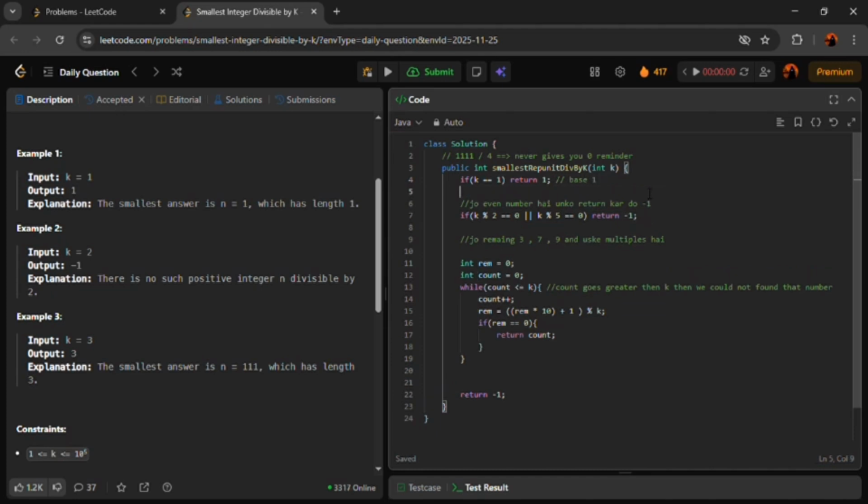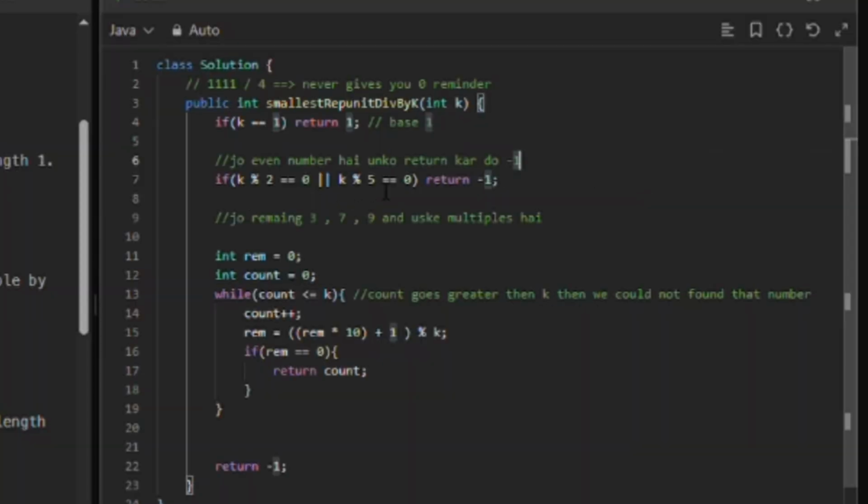And if the number is an even number, or it is a multiple of 5, then return -1.